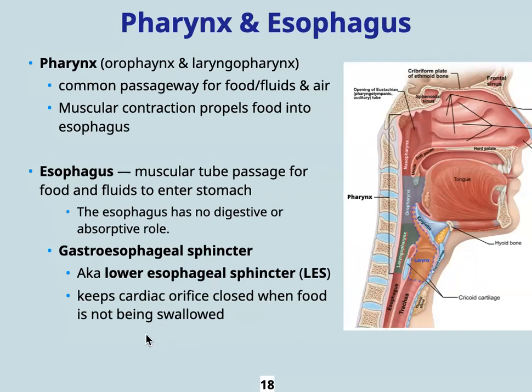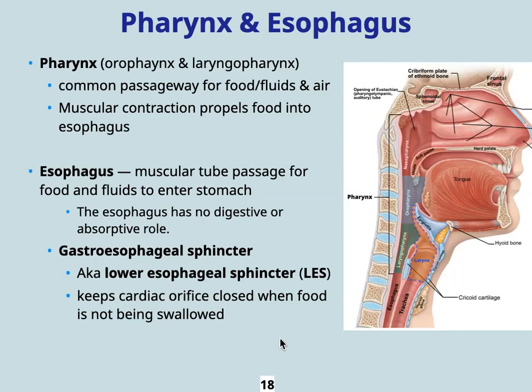Now, lower down, before you reach the stomach, we have the gastroesophageal sphincter, also known as the lower esophageal sphincter, LES. When it's functioning properly, it prevents stomach acid from refluxing into our esophagus.